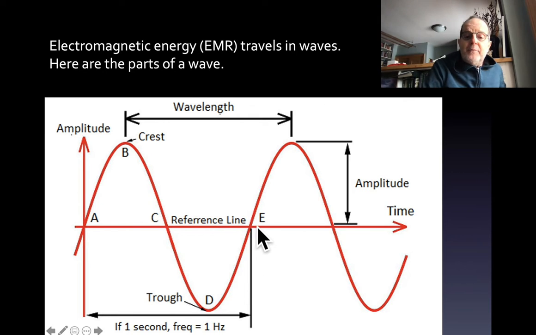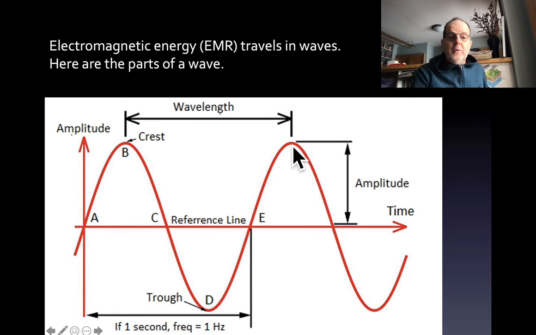Then back up through the point of rest to the crest and back to the trough. Amplitude, and then our very important measurement of electromagnetic energy, the wavelength. What is the distance from the crest of one wave to the next wave? That is your wavelength.